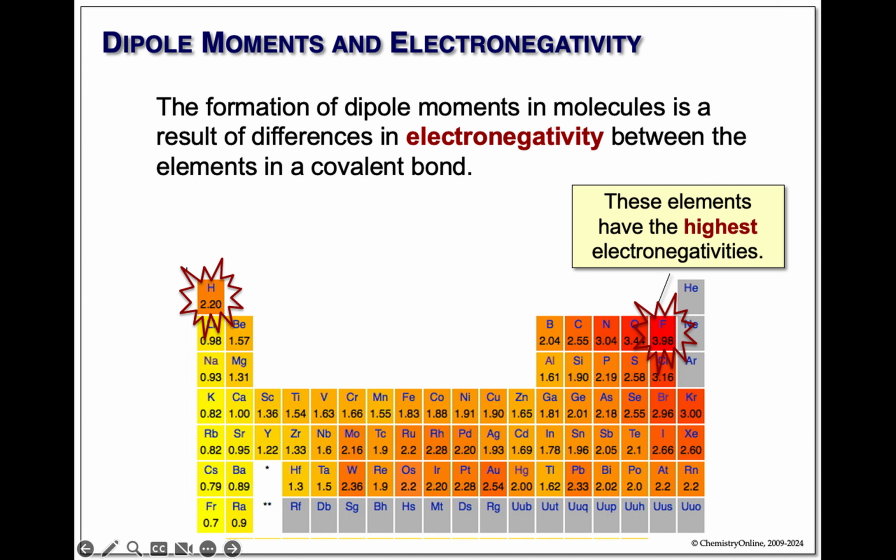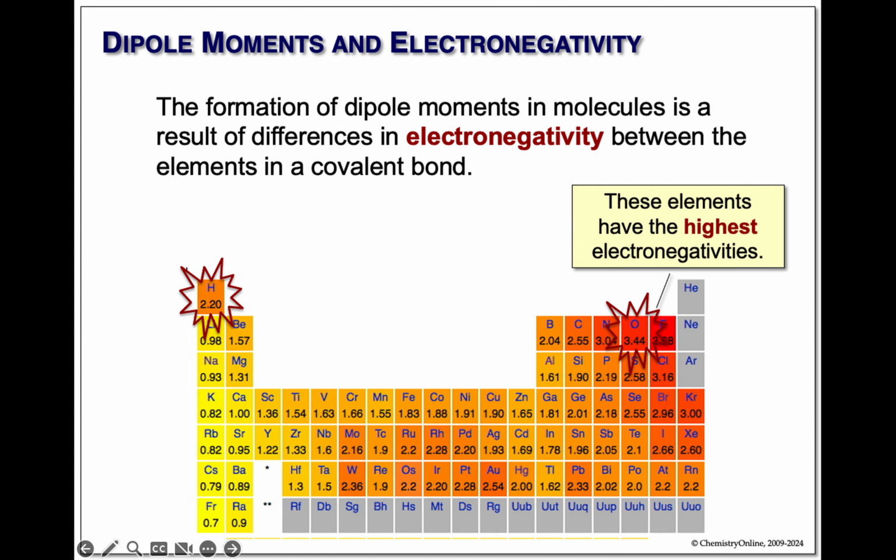Okay, well, this is a chapter where we talk about aqueous solutions, right? So what does this have to do with that? Well, here's fluorine, and right next door is oxygen. What is water made of? 2 hydrogens and an oxygen.